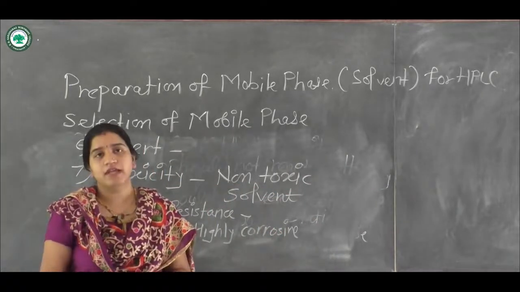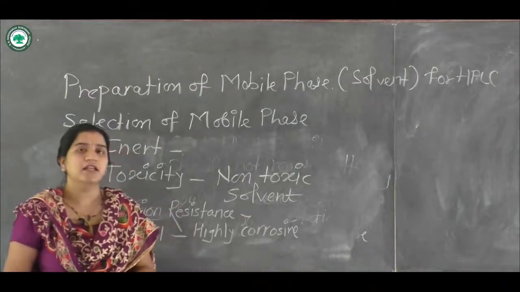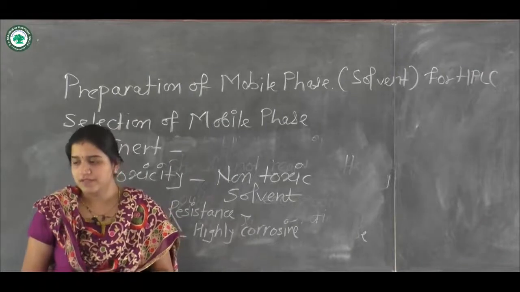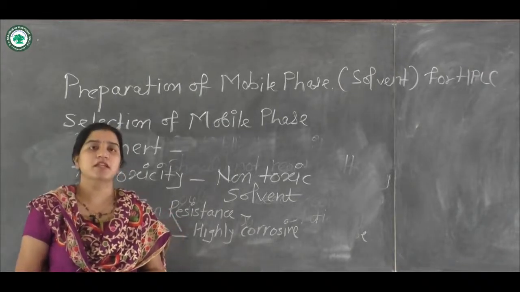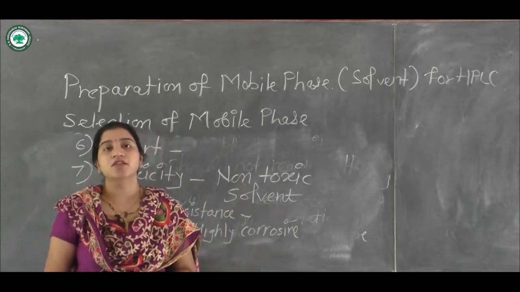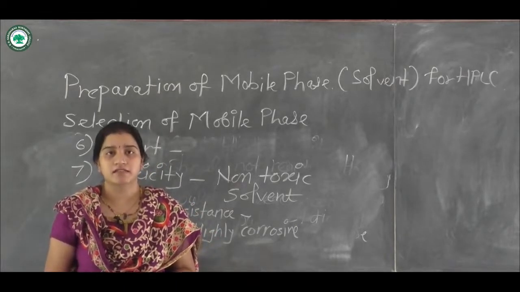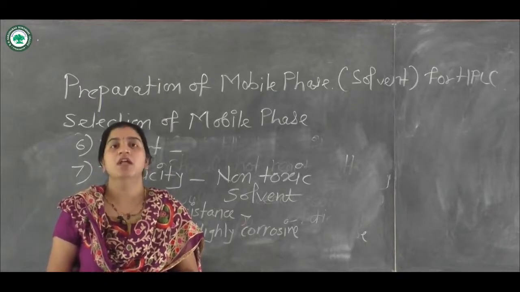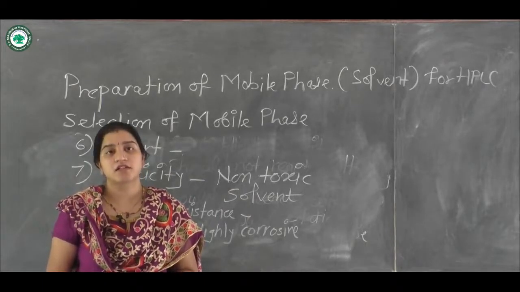So most of the time you are using stainless steel for making the column in HPLC, because this steel is a corrosion resistant material. But when there is a continuous release of acid such as HCl or an organic solvent such as ethanol or methanol, then the stainless steel is corroded.